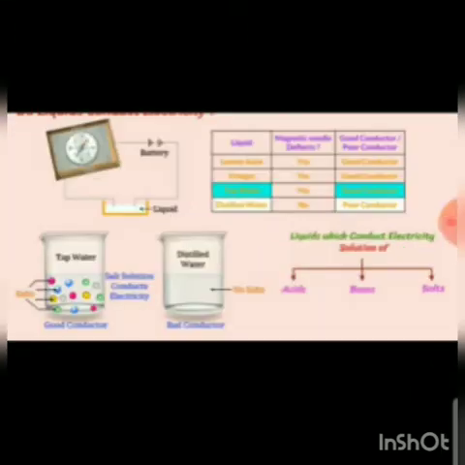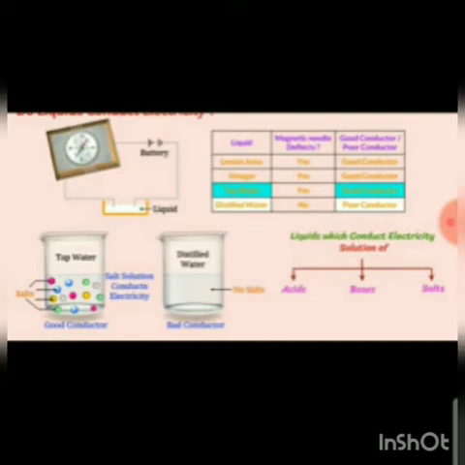Can you see the two beakers? In one beaker there is tap water and in the other there is distilled water. The tap water contains salt solution and that is why it is a good conductor of electricity. Whereas distilled water does not have any type of salt, so it is a bad conductor of electricity. Liquids which conduct electricity are the solutions which consist of acids, bases and salts.